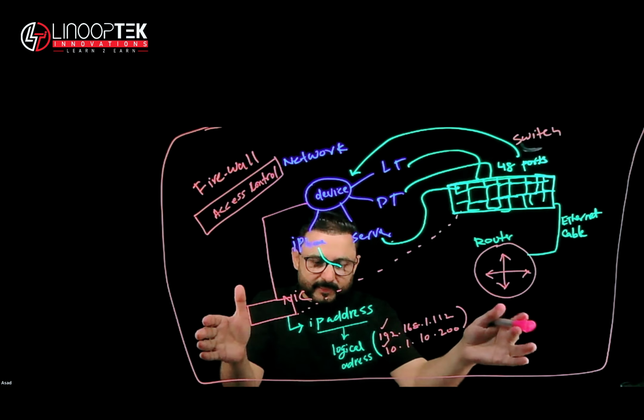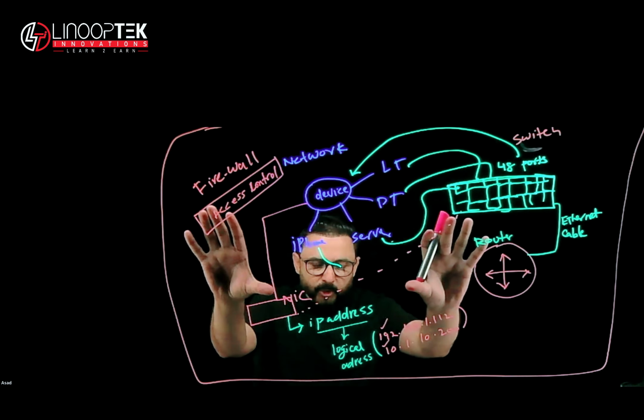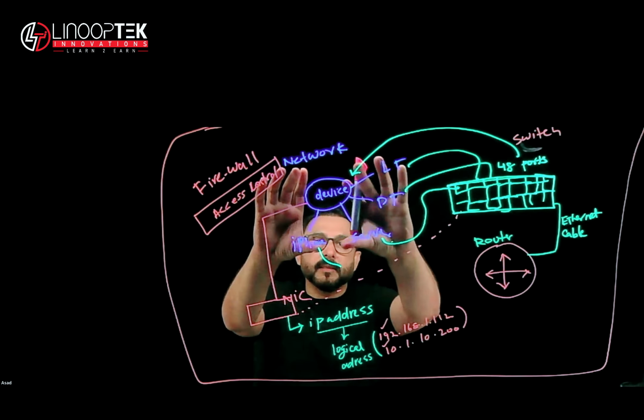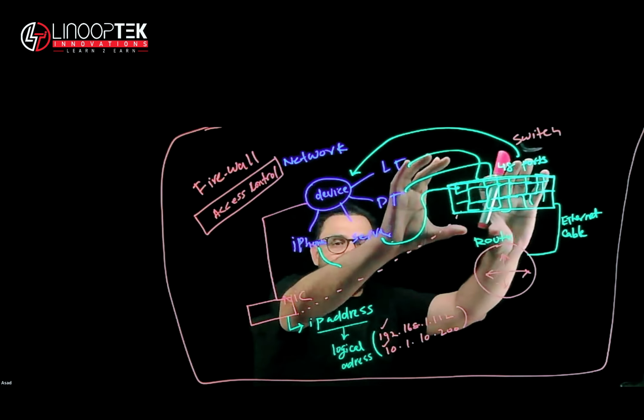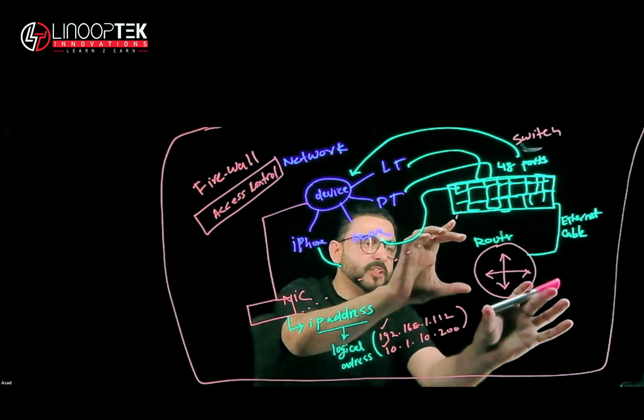What type of network is this, ladies and gentlemen? I'm going to give you an example, and you're going to tell me. This is your home. You have a bunch of devices connected to a switch. The switch is connected to a router.